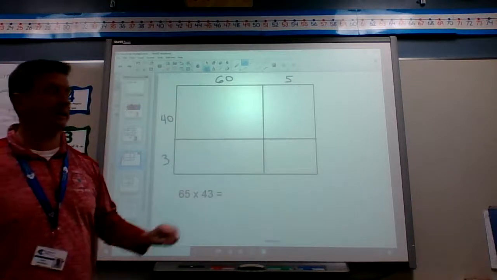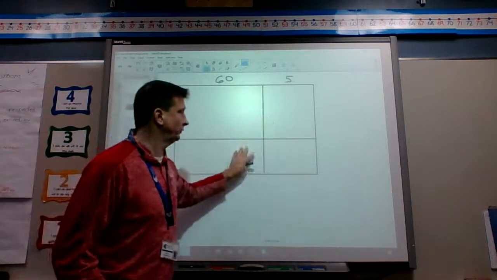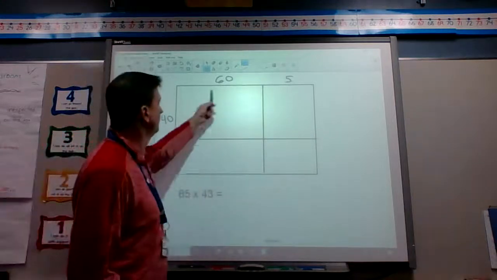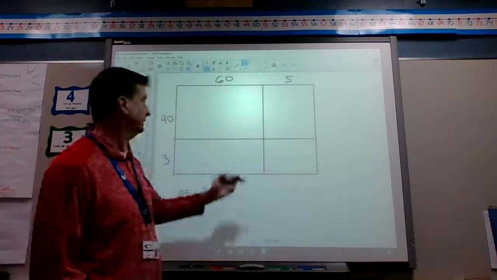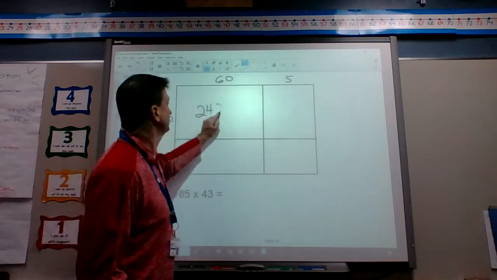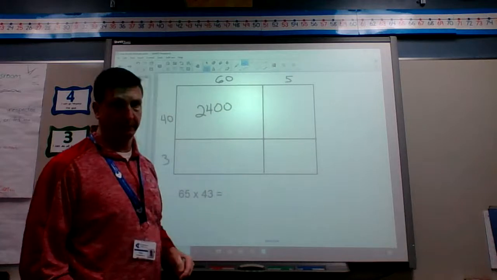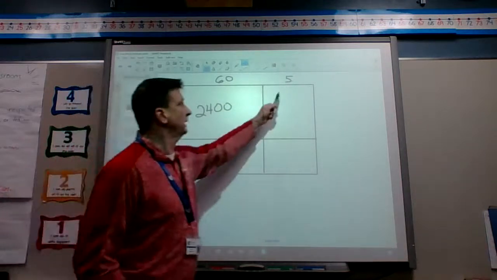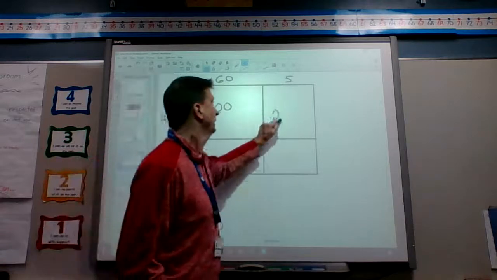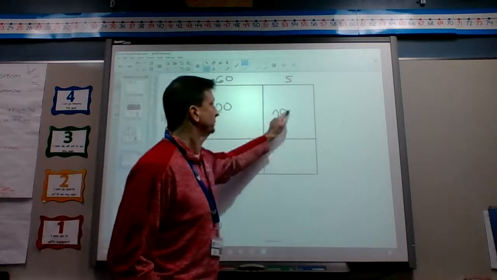Now I just find the area of all 4 pieces and total them up. Once again, 40 times 60, or 4 times 6, is 24. So therefore 40 times 60 must be 2,400. 40 times 5, okay, well I know 4 times 5 is 20, so 40 times 5 must be 200.